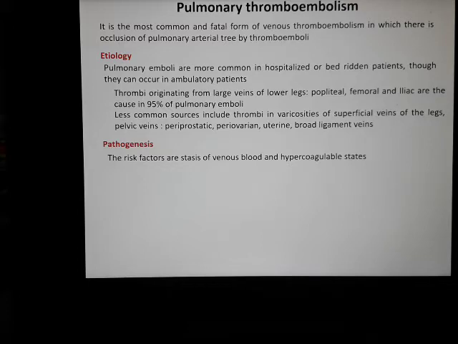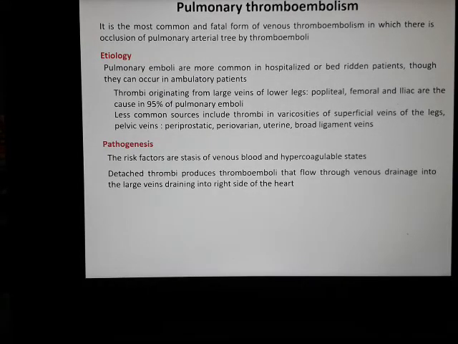Turbulence mainly acts in the arterial system, but stasis mainly causes venous thromboembolism. So the risk factors are stasis of venous blood and hypercoagulable states. Detached thrombi produce thromboemboli that can flow through venous drainage into the large veins draining into the right side of the heart.